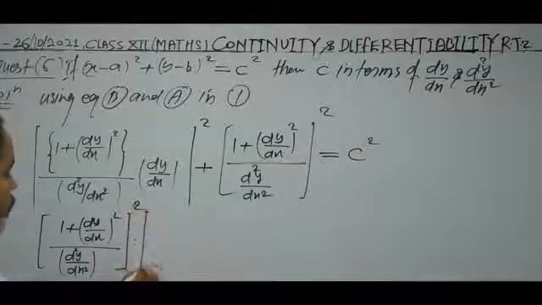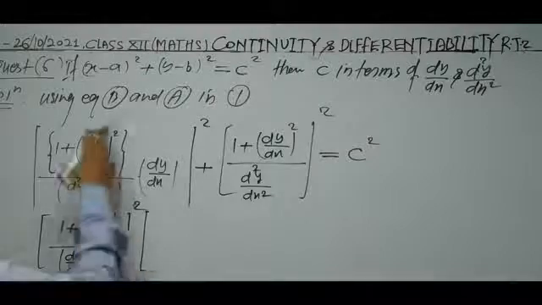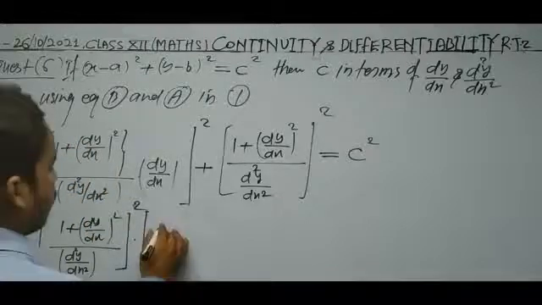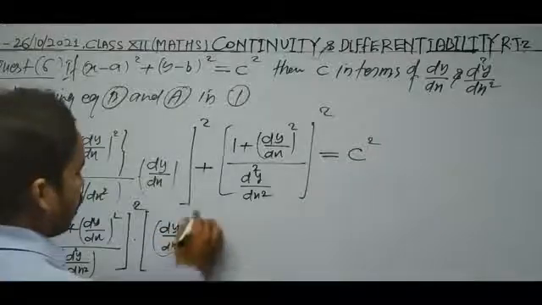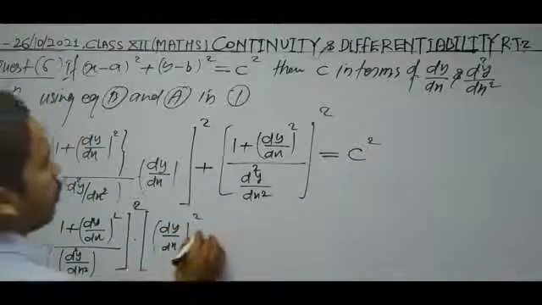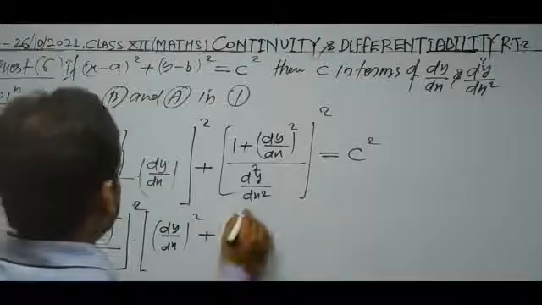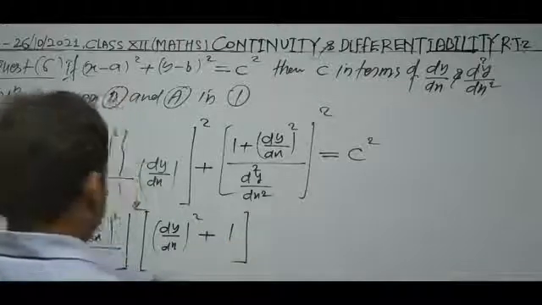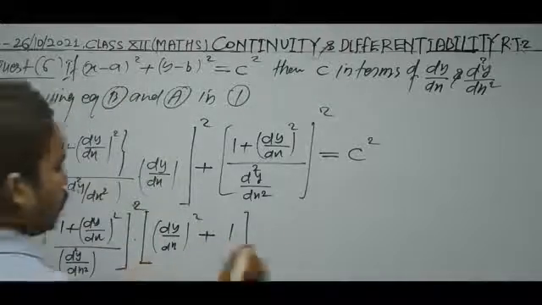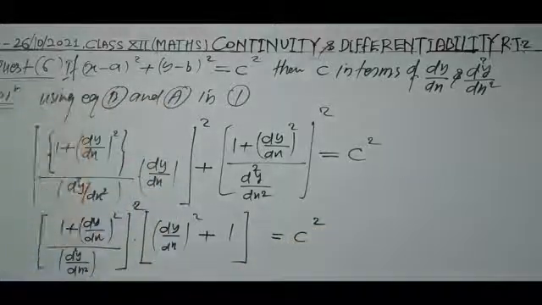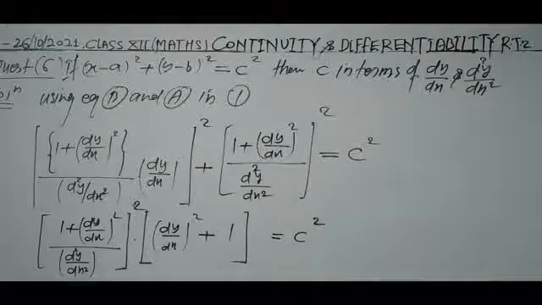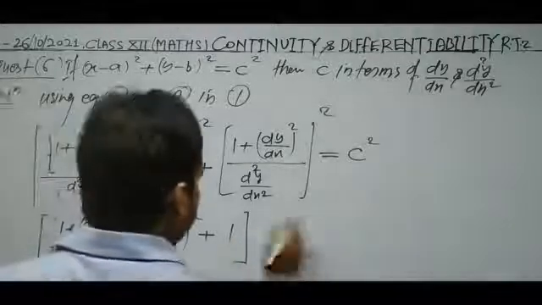With this bracket, result will be (dy by dx) whole square and now plus 1. So this result is c square.